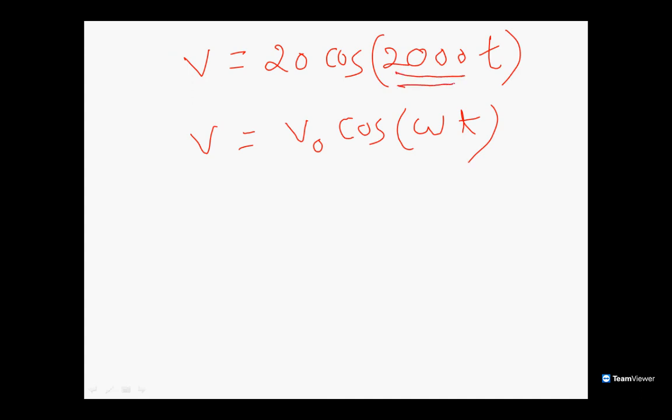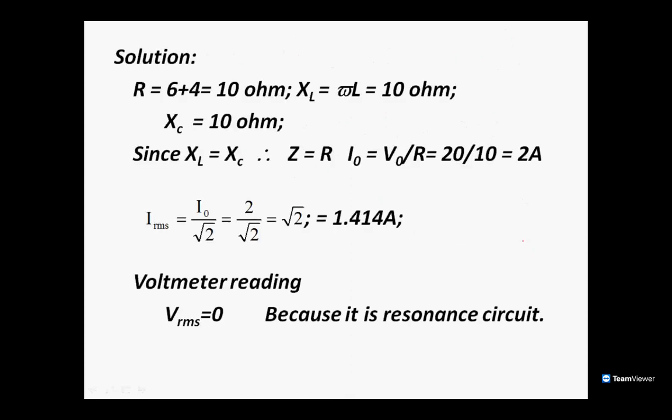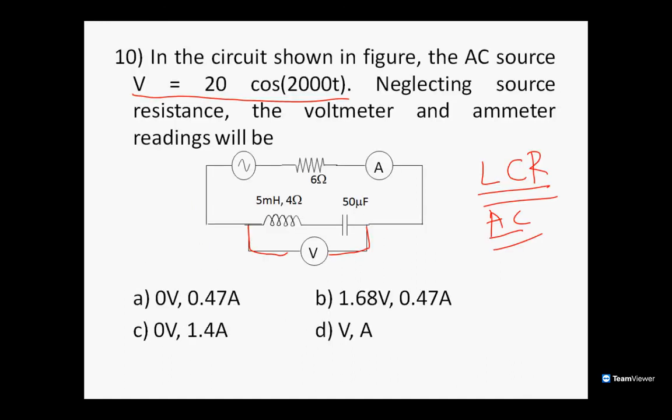Compare it. This is omega, so omega equal to 2000, and V naught equal to 20. Got the idea? Maximum voltage is 20, omega is 2000. Now think whether the circuit is a resonant circuit or not.